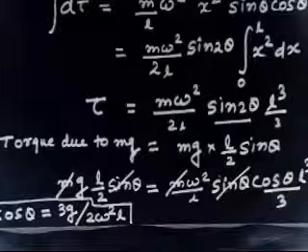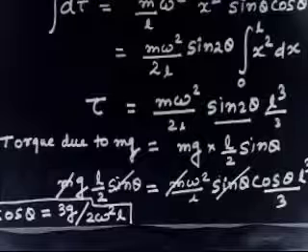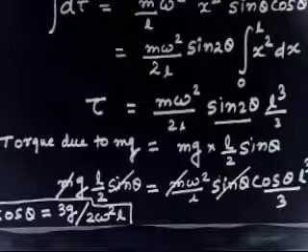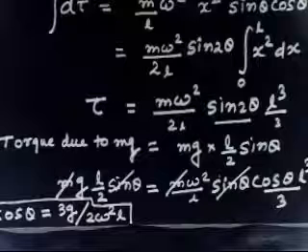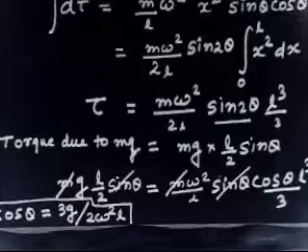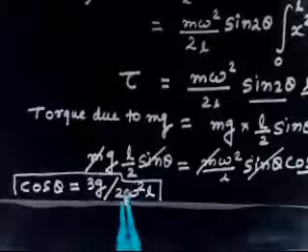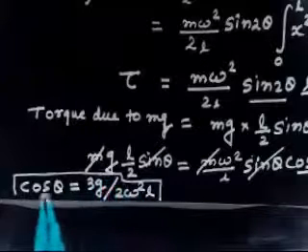Initially, if you increase the omega, centrifugal force m omega square x will increase. So centrifugal torque will increase. So if you increase omega, the theta will increase. You can see from the last result, cos theta is 3g by 2 omega square L. So if you increase omega, this value will decrease, so cos theta will decrease.